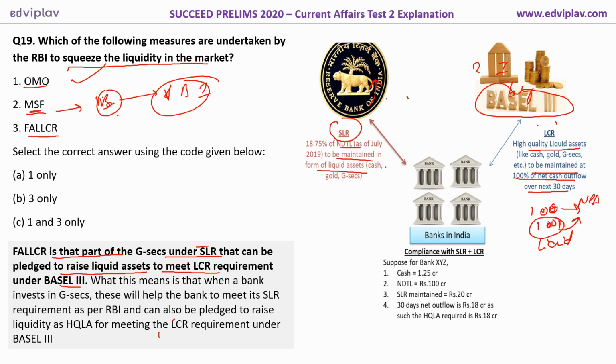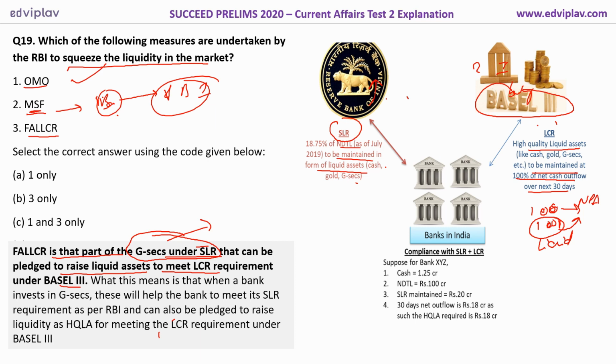So it is the part of the government securities under SLR. SLR could be cash, gold, or government securities, right? These government securities under the SLR can be pledged to raise liquid assets to meet the LCR requirement under Basel 3. This is what FALLCR means.